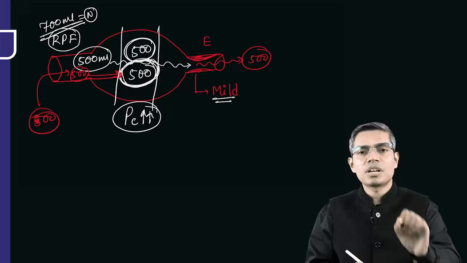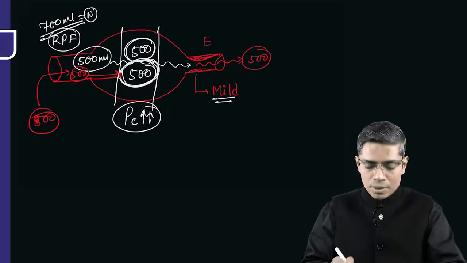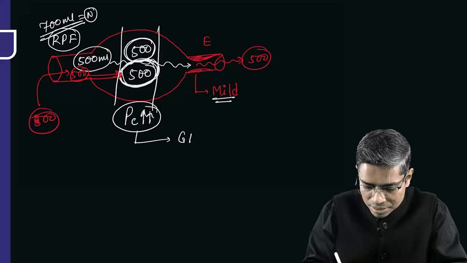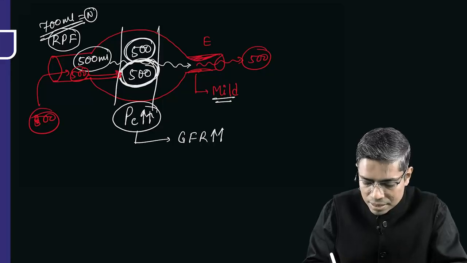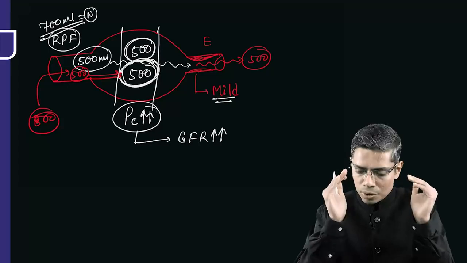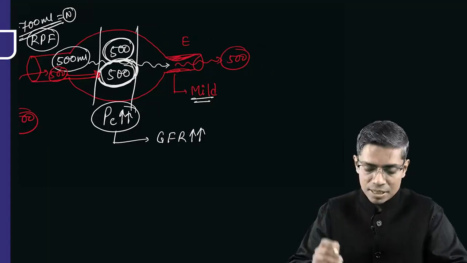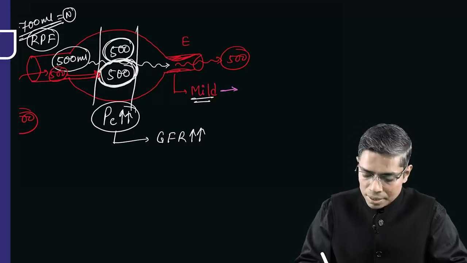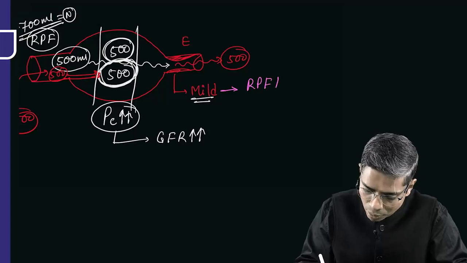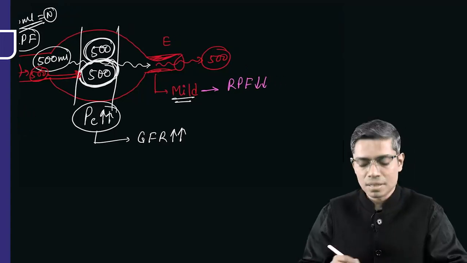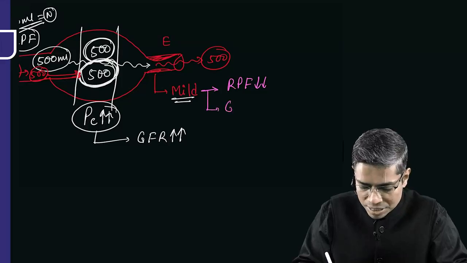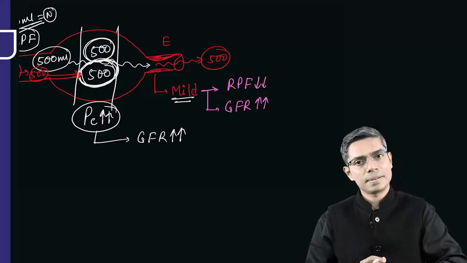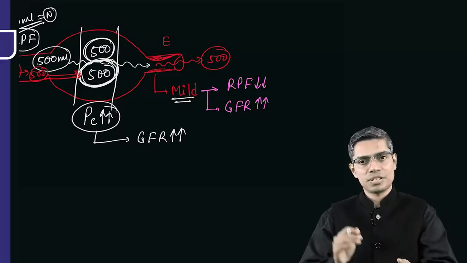If the hydrostatic pressure of the glomerular capillary is high, what is going to happen to the GFR? GFR will rise. That's why we say that if you cause constriction of the efferent arteriole and that constriction is mild, renal plasma flow will always reduce because the resistance is high. But what will happen to GFR? GFR will increase, right? That is the first one, mild constriction.